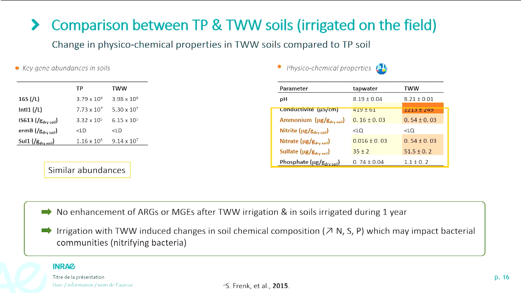So finally, in this first set of experiments, we could not see any enhancement of antibiotic-resistant genes or mobile genetic elements in our microcosm and in our historical soil after treated wastewater irrigation or tap water irrigation. But in our historical soils, it seems that the irrigation with treated wastewater induced changes in the soil chemical composition with an increase of nitrogen, sulfate, phosphate concentrations, which may impact the bacterial communities and more specifically nitrifying bacteria.